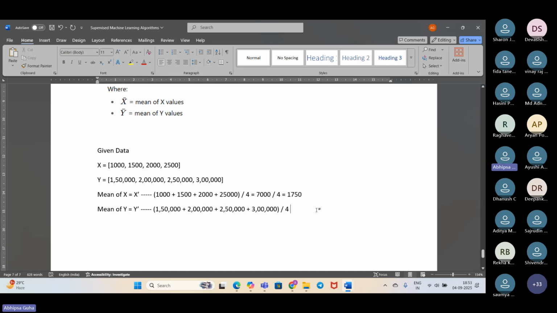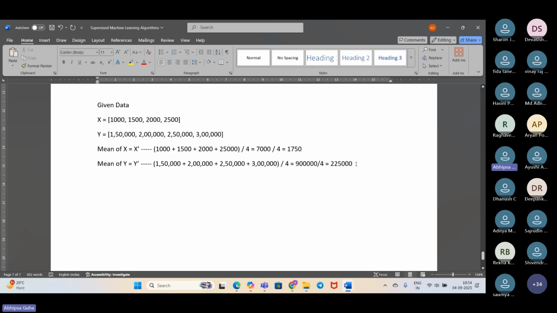Hope everybody knows how we get the average value. So it would be 9 lakh by 4, that is around 2,25,000. So this is the mean value of x, and this is the mean value of y that we have got. Okay.